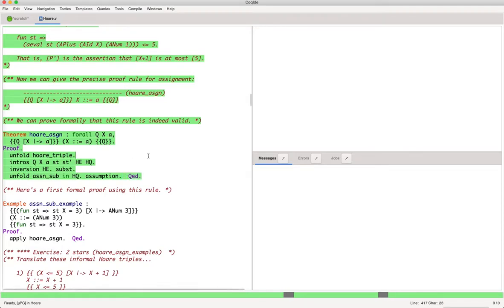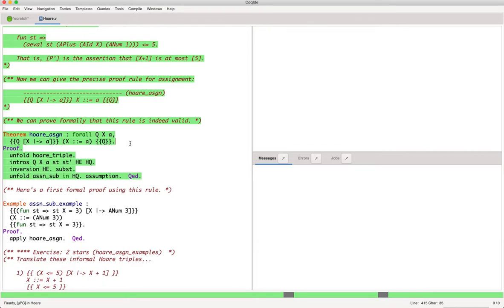Okay, so it's important that you understand the two parts here. This rule, or this schema, is instantiated by three variables, but every instance of this assignment rule is always valid, as we've just proven. It doesn't matter what Q, X, or A are. This rule always holds for any combination of those things.